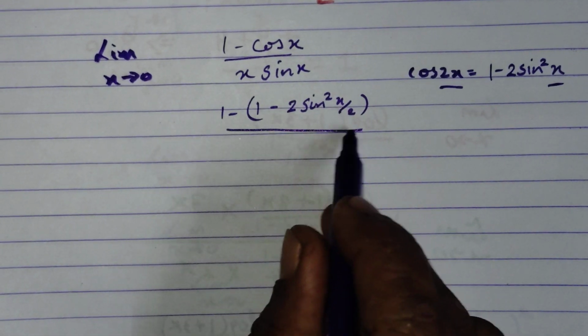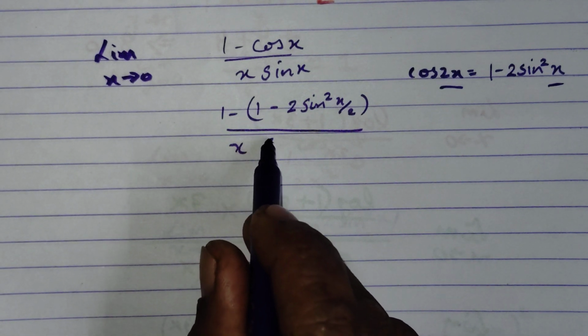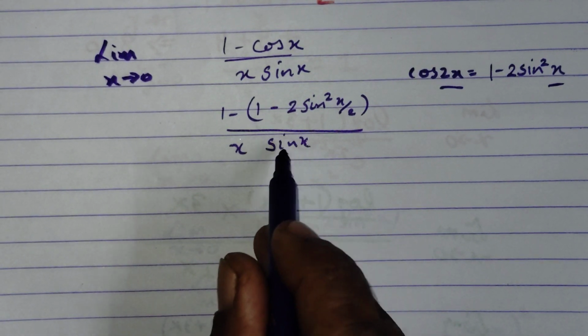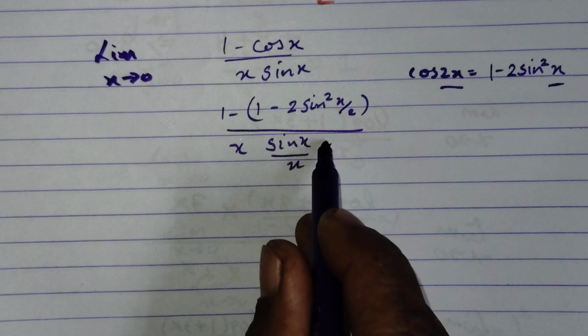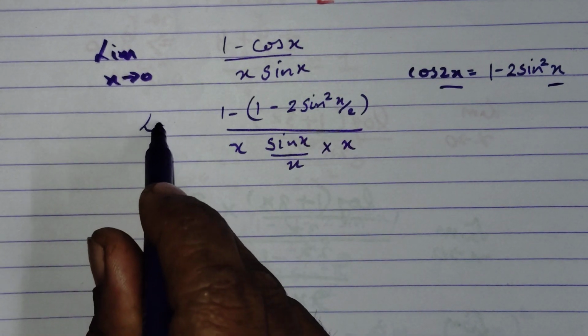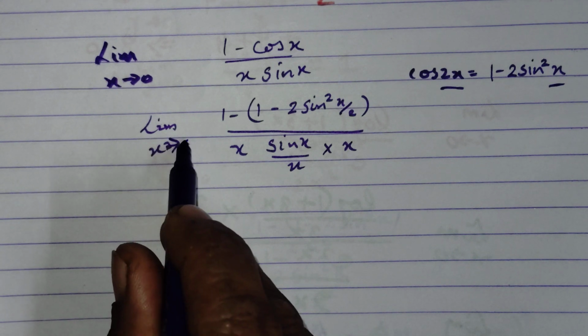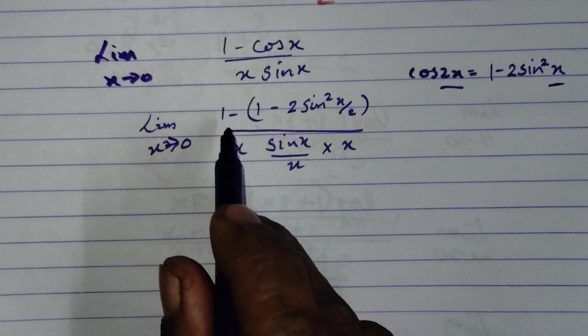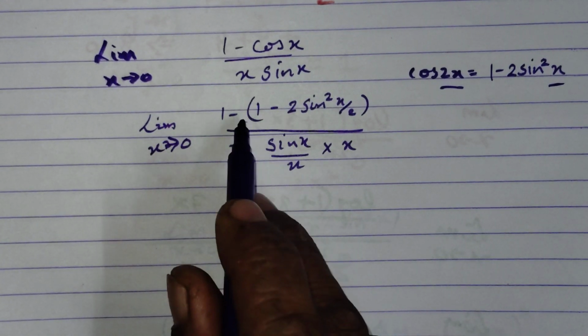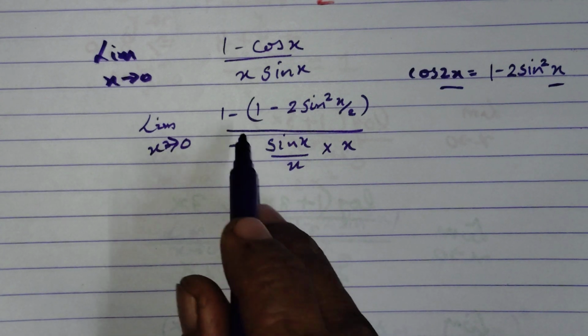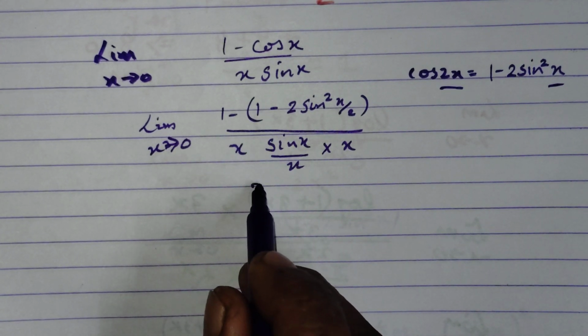In the denominator we write as it is, and since sin x is there, we multiply and divide by x, and limit x tends to 0 is written as it is. The 1 cancels out in the numerator, and minus times minus gives positive.